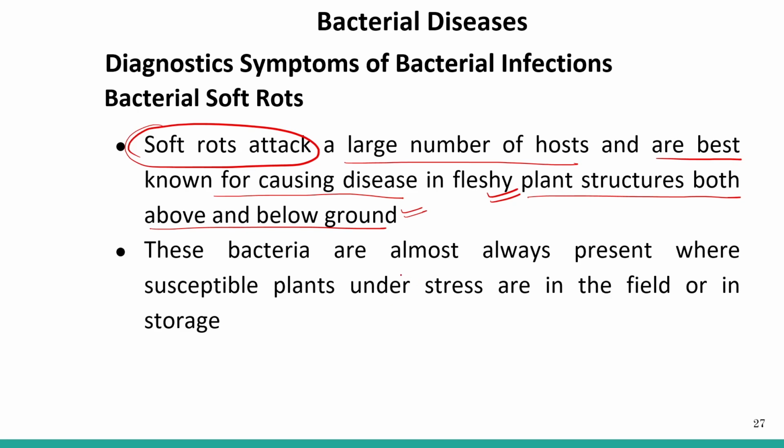These bacteria are almost always present where susceptible plants are under stress, in the field or in storage. A susceptible plant means one that gets infected very easily, so they generally infect those plants and plants that are under stress.